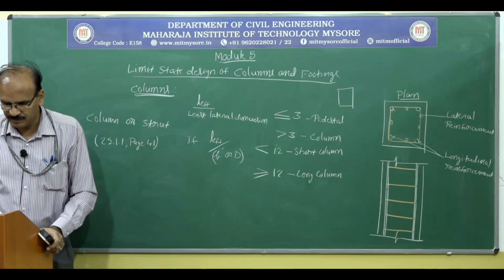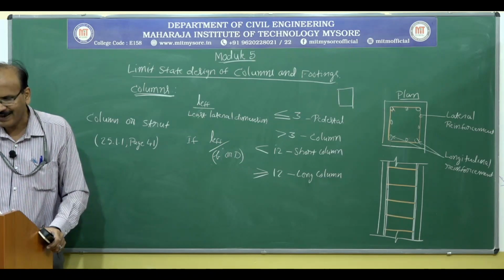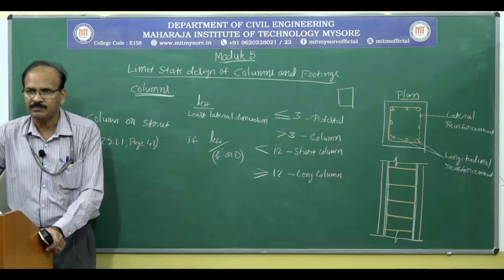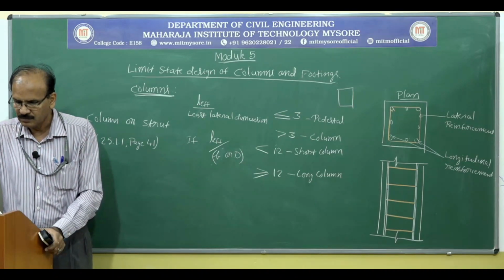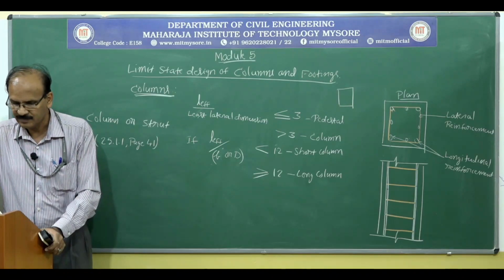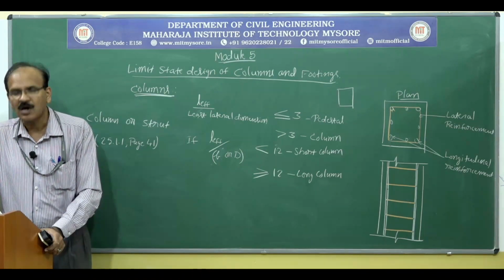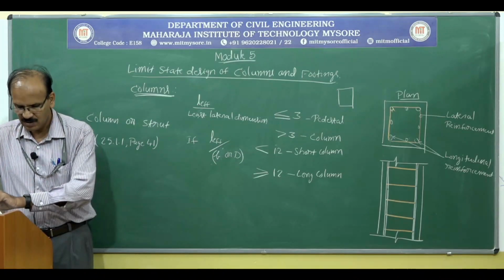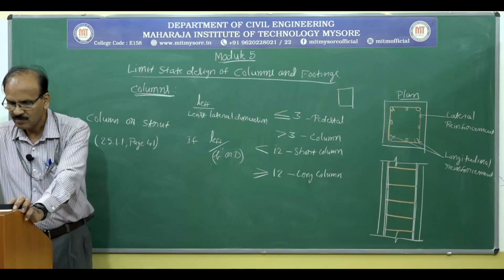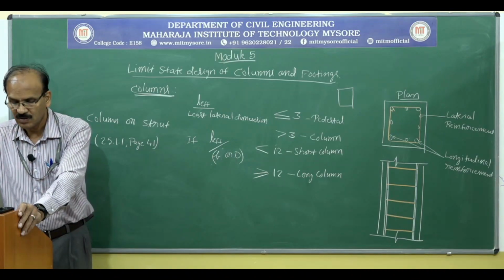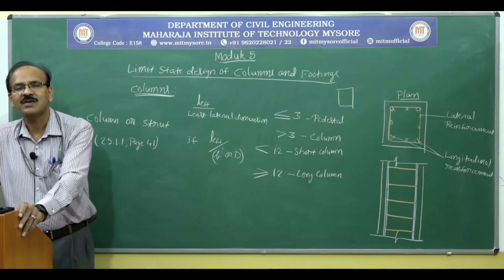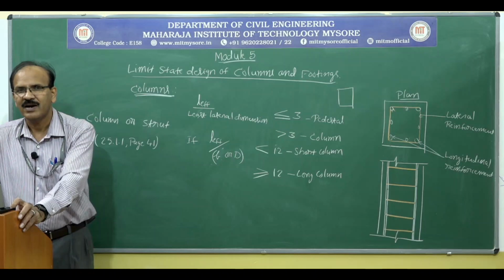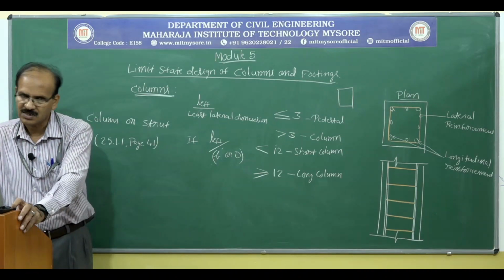So next paragraph. When a member carrying mainly axial load is vertical, comma, it is termed as column, comma, while if it is inclined or horizontal, comma, it is termed as strut, full stop.